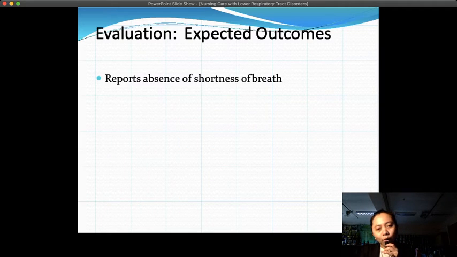Okay? So, expected outcomes, report absence of shortness of breath. So, pag nagtitika, upay na ang kalagayan ng pasyente, so, wala ng shortness of breath. Okay? Nag-normalize, kung baga. Meaning to say that our nursing interventions were effective, okay, or were helpful.